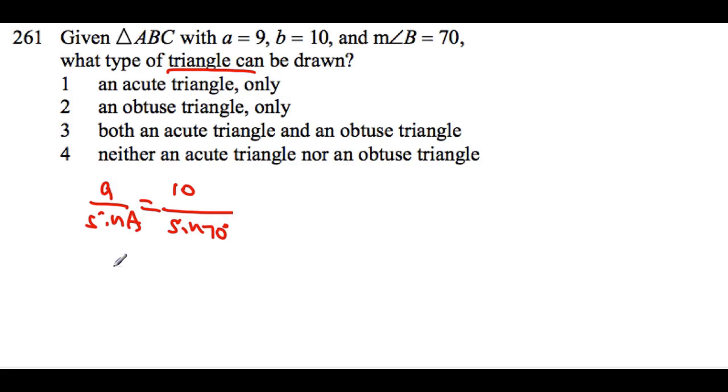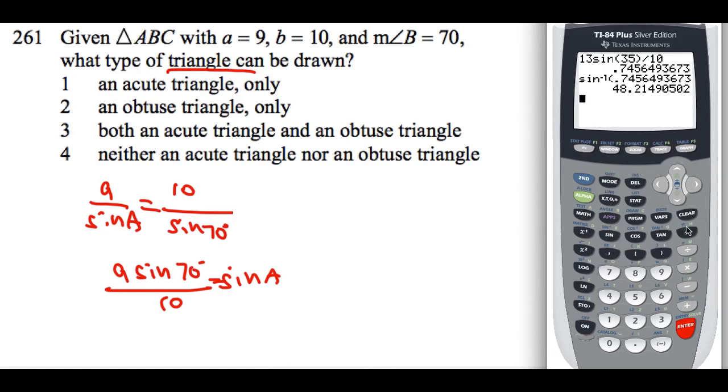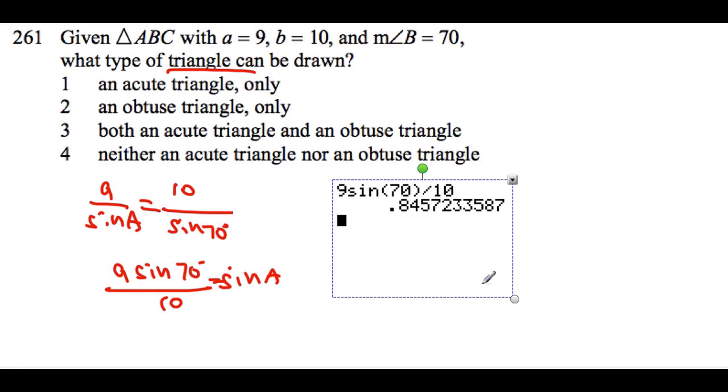When we cross multiply, we get 9 sine of 70 over 10 must be equal to sine of A. So what do we end up getting? 9 sine of 70, and then divide that by 10, and that's the value that we end up getting. In order for you to do the second sine so that you can figure out the value of the angle.